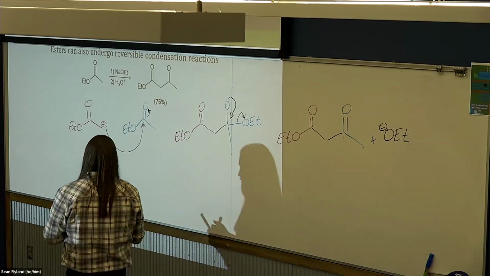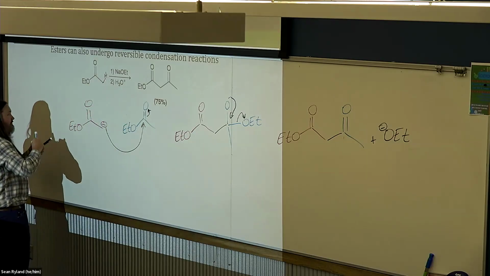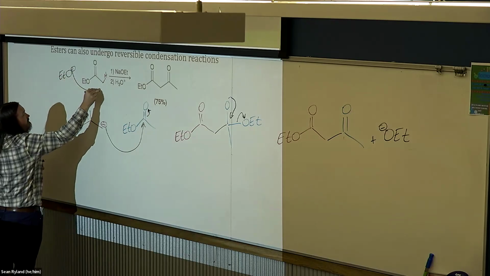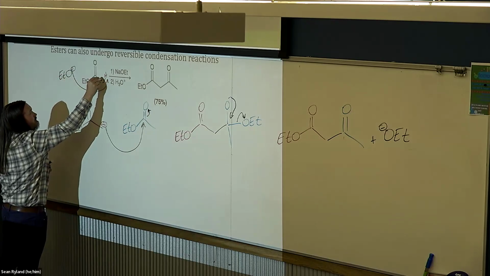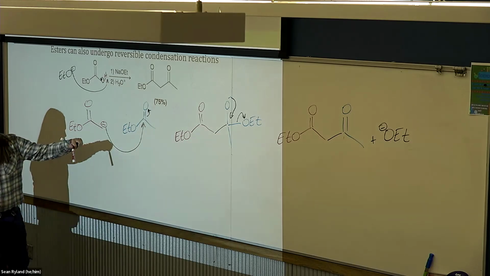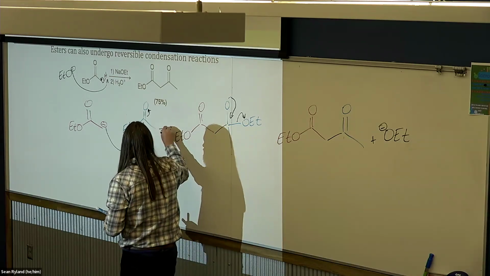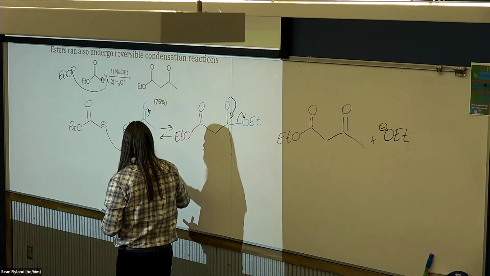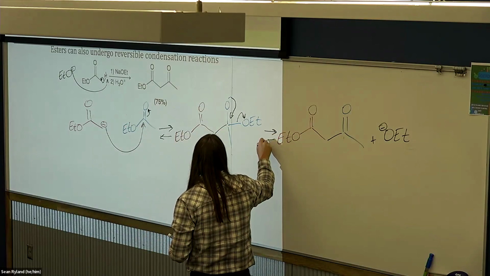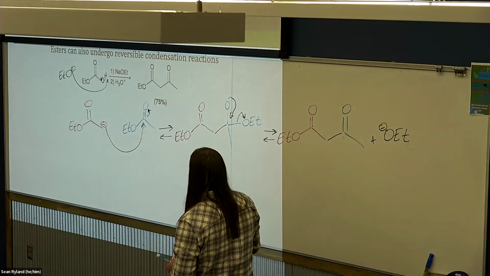If we were showing the full mechanism, we should show the enolate formation, which just looks like that. That gives us our enolate, which attacks another molecule itself. Forms a tetrahedral intermediate to our final product.